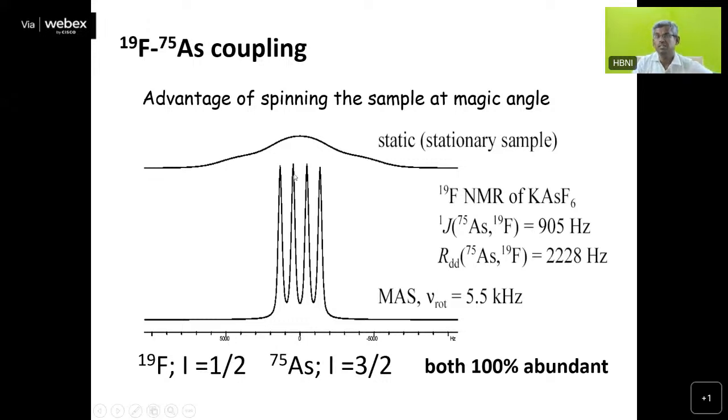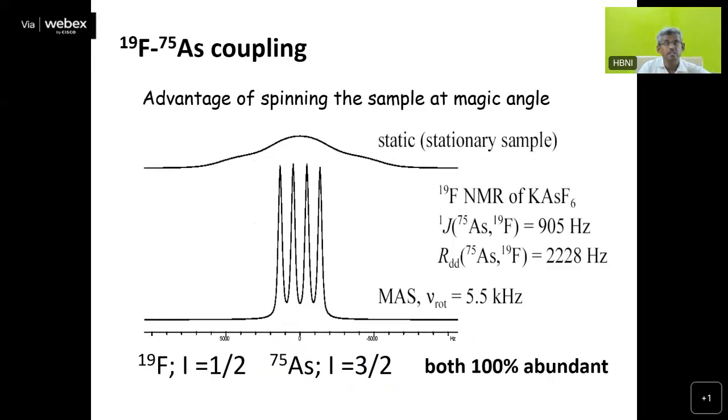That is why we get a multiplet, almost a 4-line pattern actually. So from this you can get the coupling constant and all those things. This was recorded at a spinning frequency of 5.5 kilohertz. Even at 5 kilohertz, which is a very low frequency, you can get a beautiful spectrum, and we can get information regarding fluorine as well as arsenic coupling.